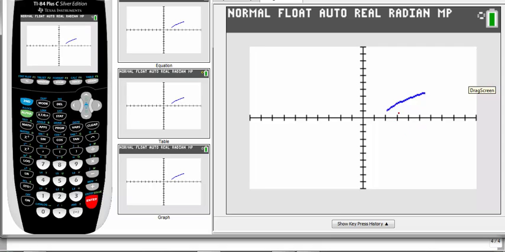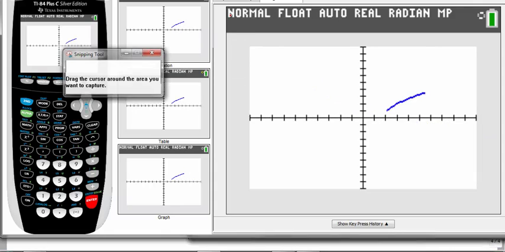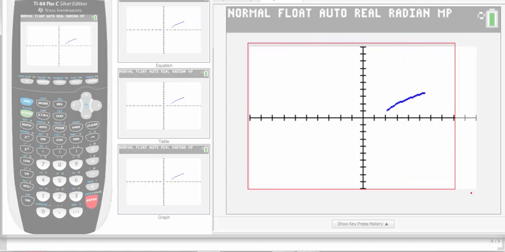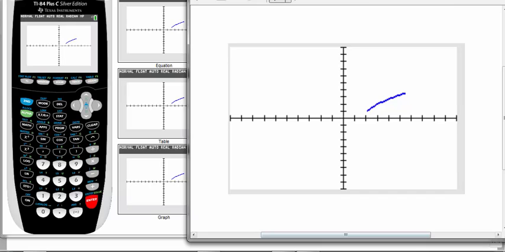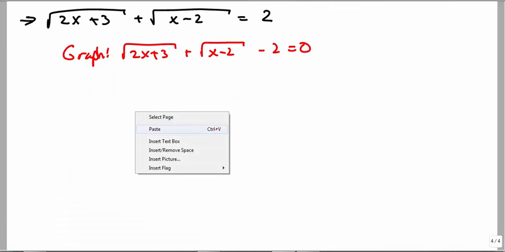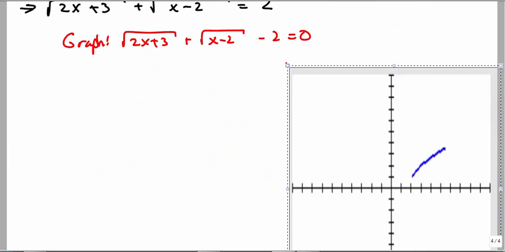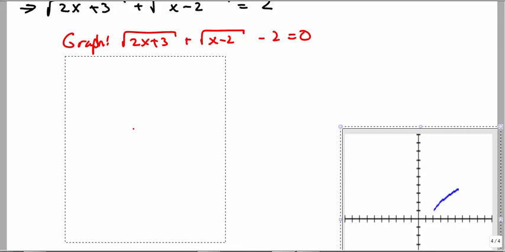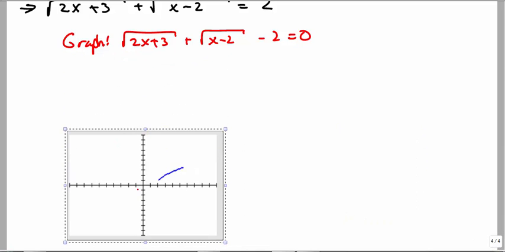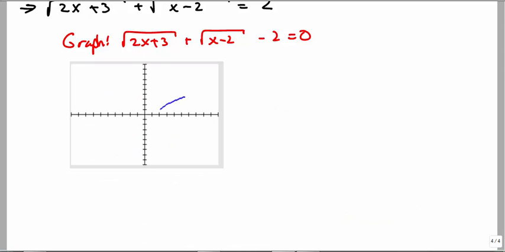You'd have to check to be sure. Just because you look at a bit of a graph and it doesn't cross the x-axis is no guarantee that there's no solution. It's just basically saying that in the viewing window that you're looking at, there's no solution. So if you change the viewing window, you might get more of a graph. So for here it looks like no solution.